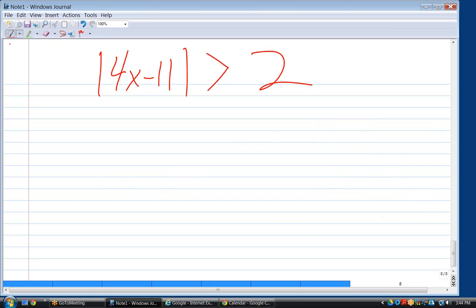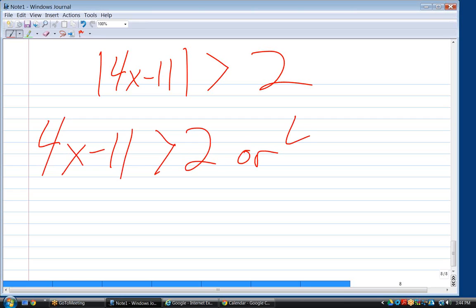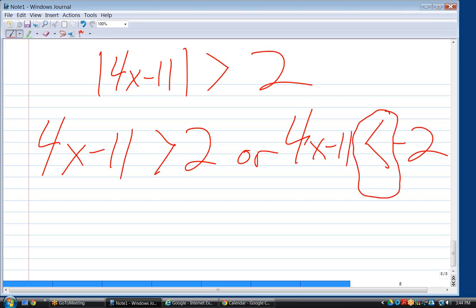It's just 4x minus 11 is greater than 2, and then 4x minus 11 is less than negative 2? Yeah, that's the only difference, is that when you have an inequality, you have to change the direction for the second part of it, as well as the sign on the number. And then just solve each of these individually also.